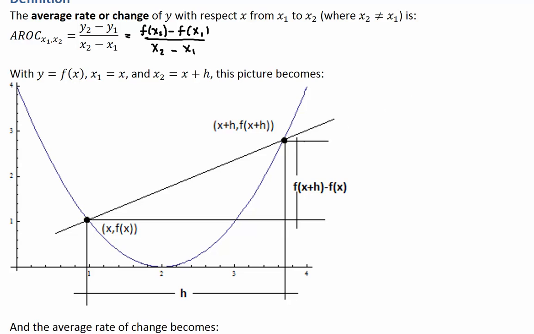Now, there's a special case for this average rate of change, which is whenever you have the following picture, where x1 is equal to x and x2 is equal to x plus h. Then your average rate of change here would become the following.